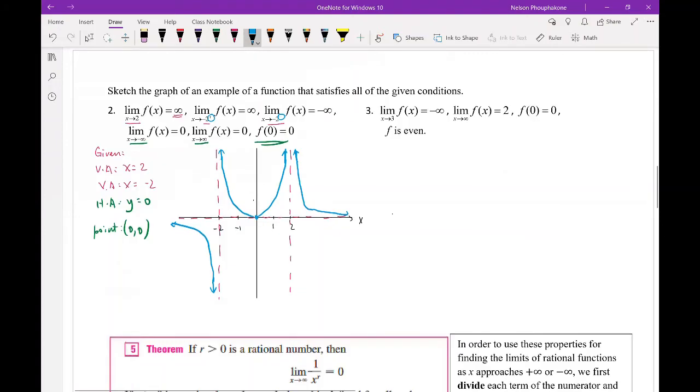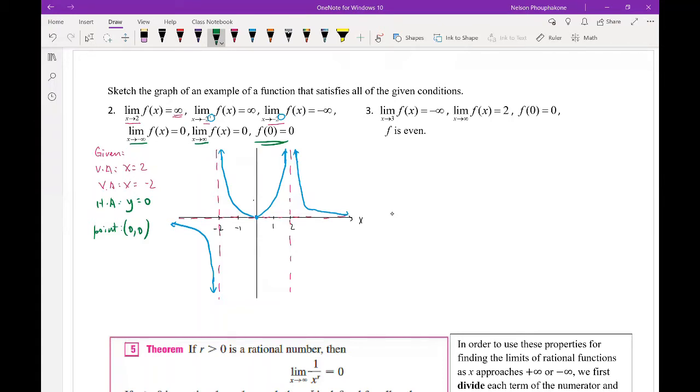Now, before I move on, I would like to talk about how we find the possible functions for this graph. If you remember back to pre-calculus, this graph right here is kind of like a rational function. So how do we actually create a rational function?